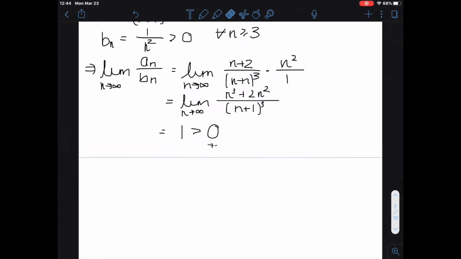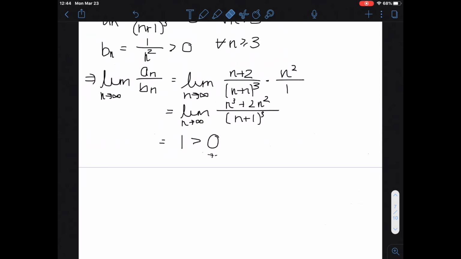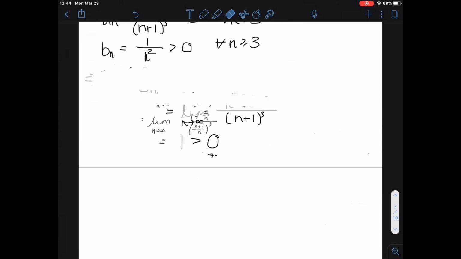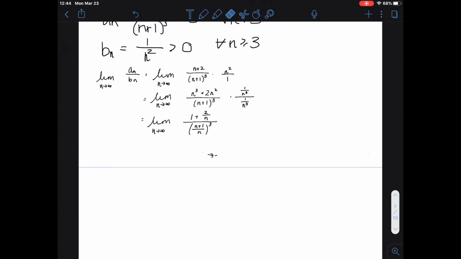Okay? If you did want to see, let me erase some of this so you can see a clearer shot of it. So you take an divided by bn. Here's an, the reciprocal of bn. So when you simplify it out, you get the same thing. If you want to show this in the normal method, you divide by that highest power.